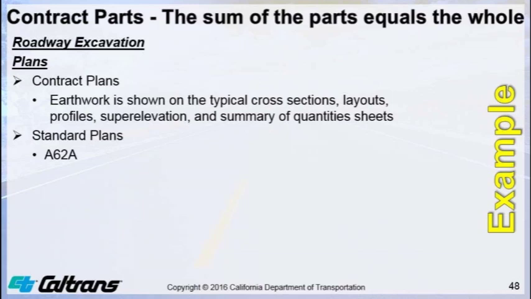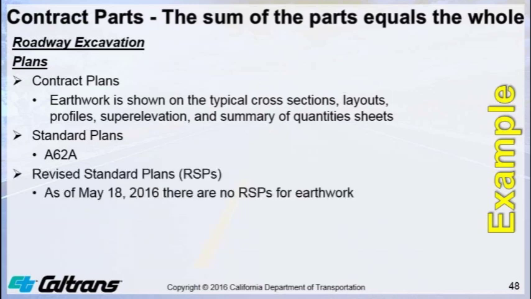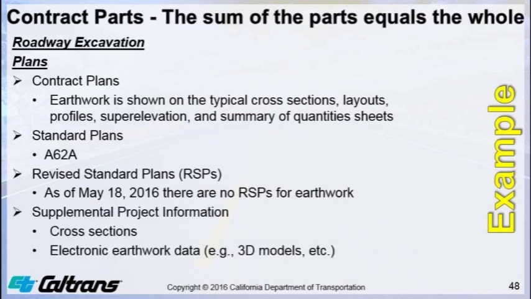Standard Plan A62A shows the limits of excavation. Revised Standard Plans: as of May 18, 2016, there are no RSPs for earthwork. Supplemental project information: cross-sections and electronic earthwork data, for example 3D models.